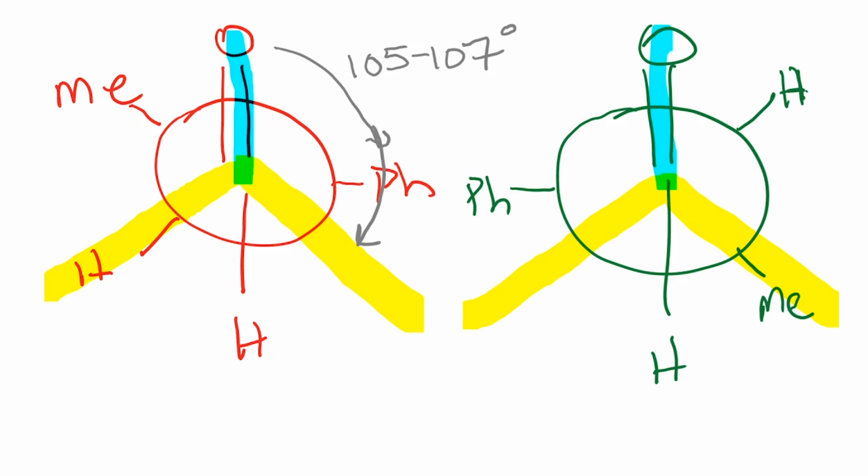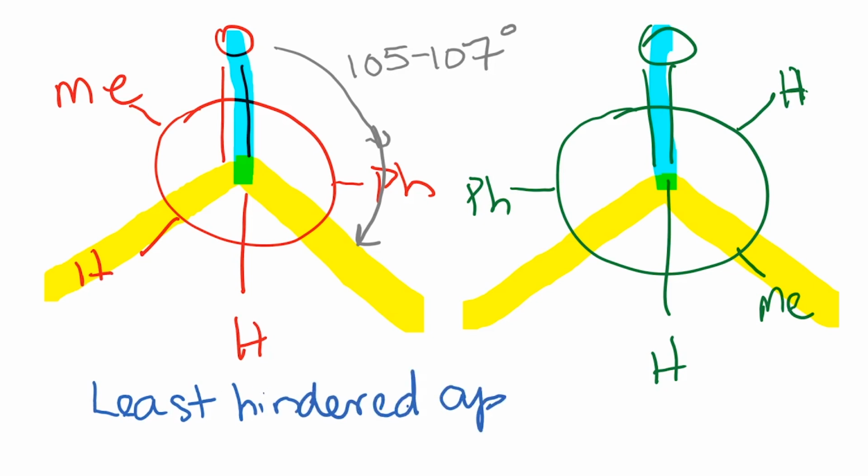Now how do we account for the difference in reactivity? The difference in reactivity can be attributed to the one which has the least hindered approach. So I will repeat: the attack that has the least hindered approach is the most favorable or the least energetic.